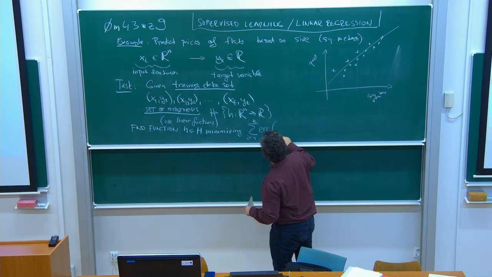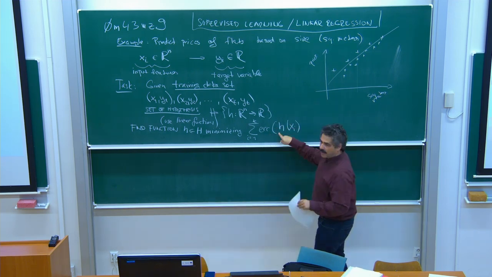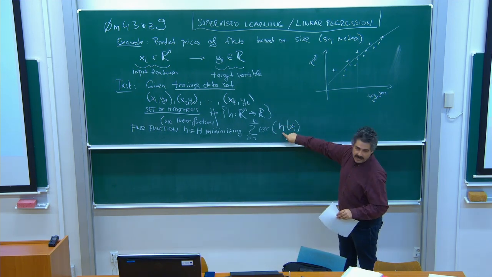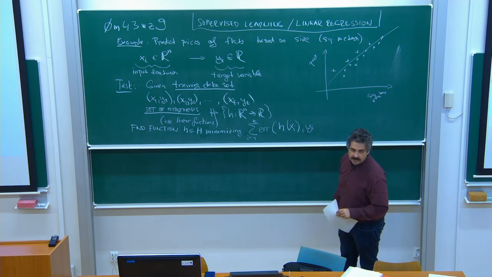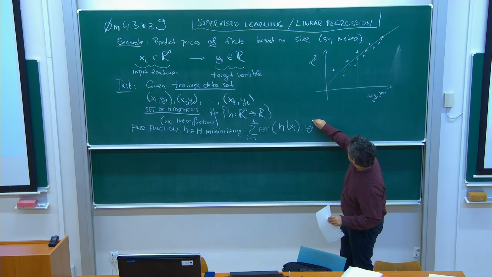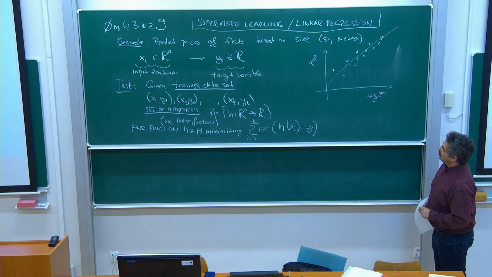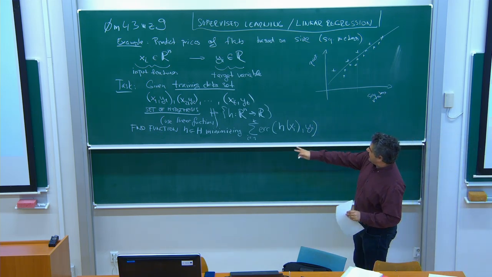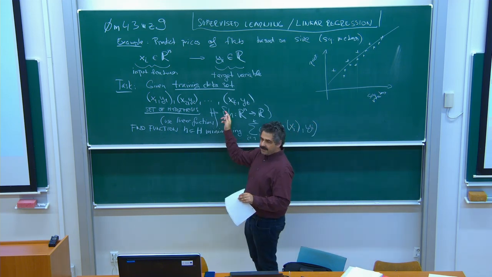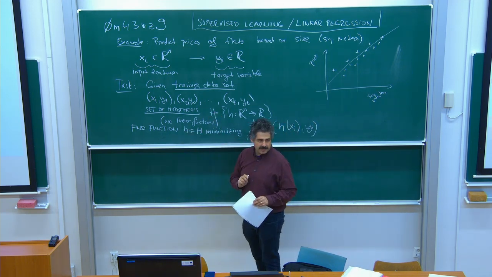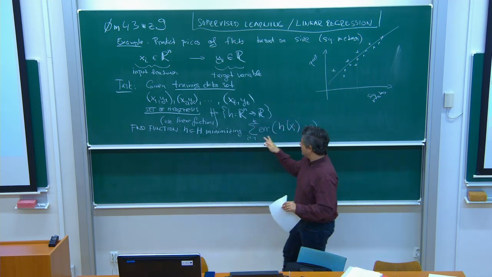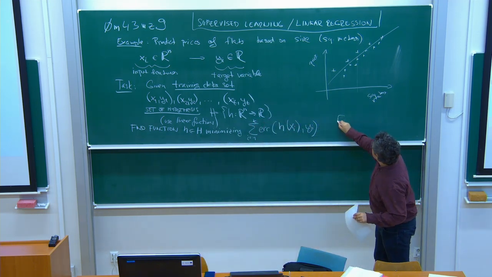And you want to say, okay, if I put vector xi to my function, it will give me some value, h(xi), right? And I want to compare it with value yi, this is the target value. And I want to find, from all of these functions, the one that is minimizing this error.